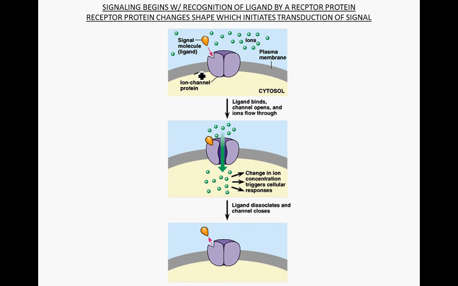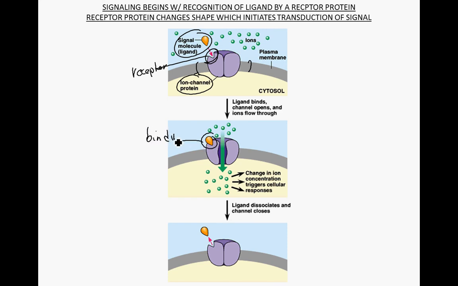Here's our target cell membrane. It has a protein channel, and then there is a part of that protein channel right there that is the receptor. This is the receptor part that is complementary to the signal molecule. So here's the ligand. It's going to bind. And that binding changes the conformation.